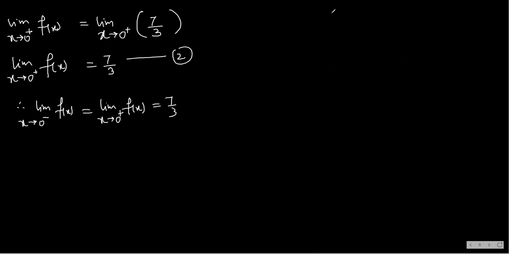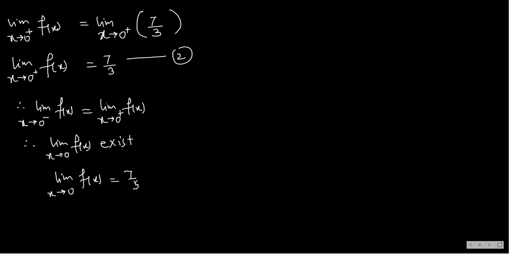It means the limit at 0 exists. Therefore limit f of x, x tends to 0 exists. And what is its value? Limit f of x, x tends to 0 is equal to 7 by 3. It is 7 by 3, equation number 3.